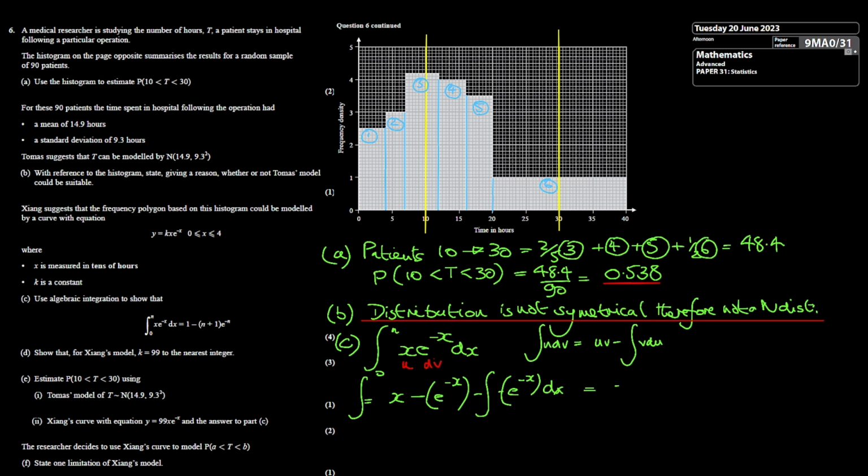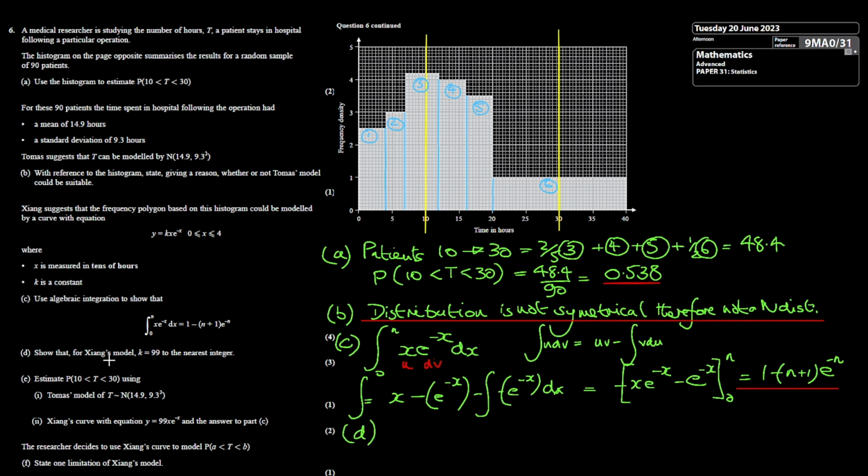So this is equal to minus x e to the minus x. And if you work out the number of minuses, we get a single minus again, e to the minus x. And this is between the limits of 0 and n. And if you put those limits in, you indeed will get 1 minus (n plus 1) e to the minus n. And that's the answer to part C.